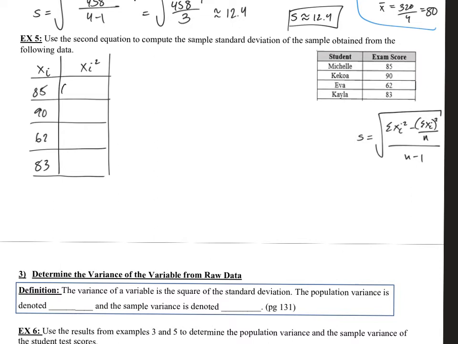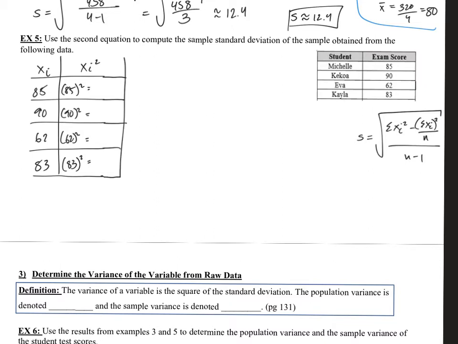Okay, so 85 squared, 90 squared, 62 squared, and 83 squared. What will we get here? I'm actually going to widen my chart a little bit because these values are a little bigger. All right.